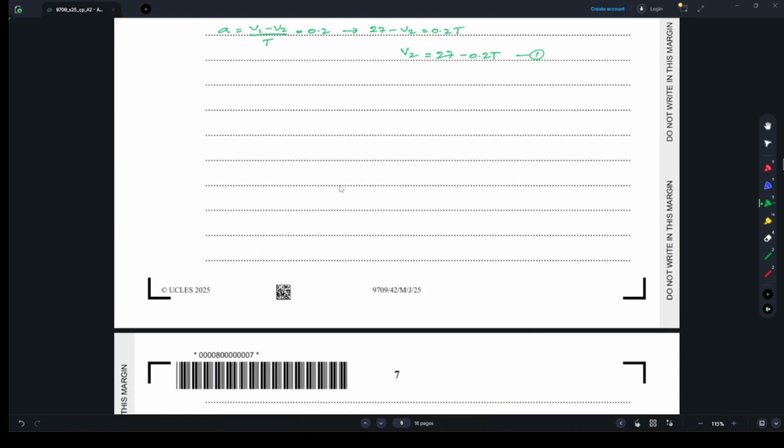So I can write distance from A to B equals area under graph. The value, as they gave us, was 2750. Now we have to find the area.